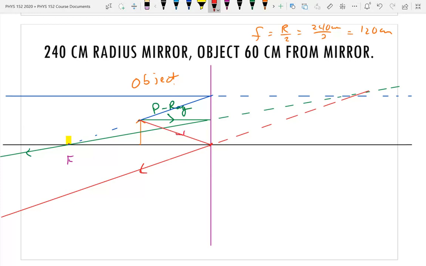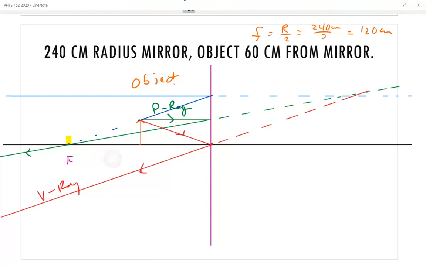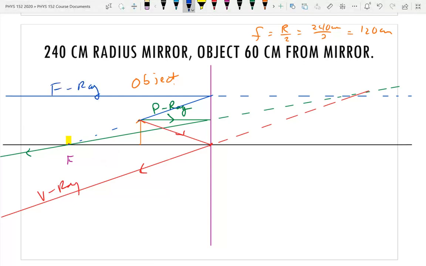So there's the way that the vertex ray goes. I forgot to label the focal ray. Where's the image? Where they meet. Now, if you look at this, just the vertex ray was bad. But because the vertex ray was bad, I get crossings that range between those 3 points.